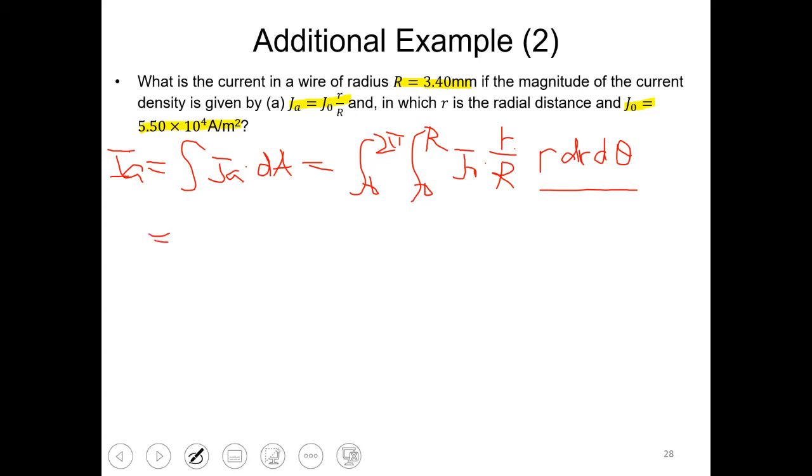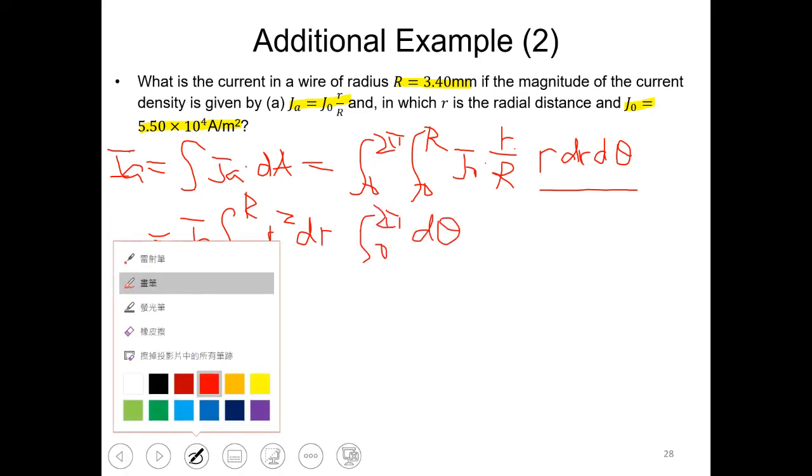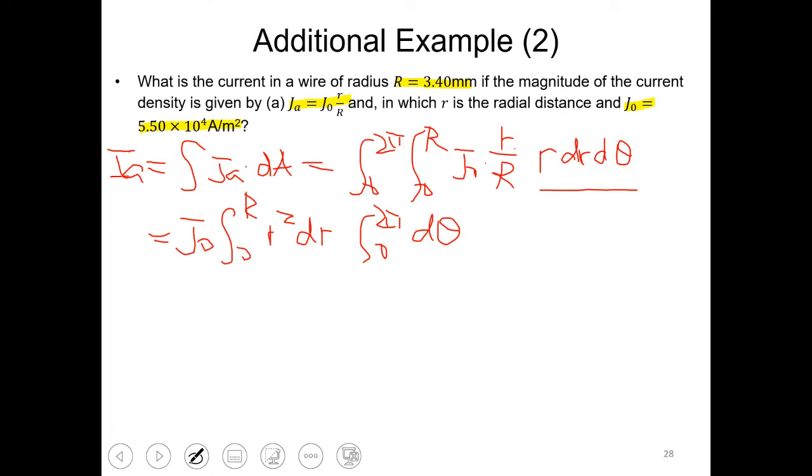So here we have J0, 0 to R, r squared dr, 0 to 2 pi d theta. So this one will be R cubed over 3. This one is 2 pi.